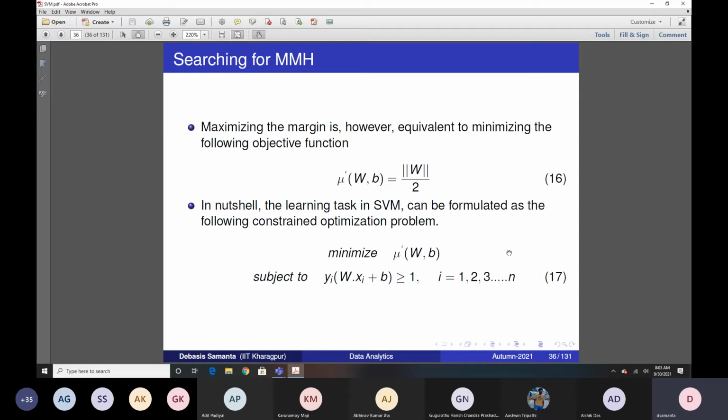Now the constraint is that for each training data, the values of the unknown parameter w should satisfy what is mentioned in equation 17. So this is actually the optimization problem: what should be the values of w and b which satisfy all the n constraints.